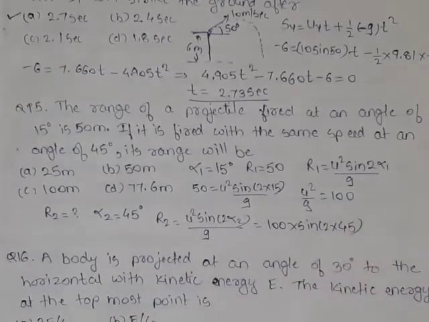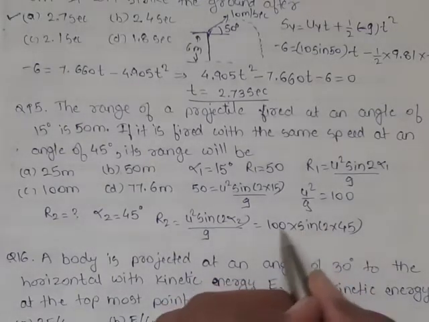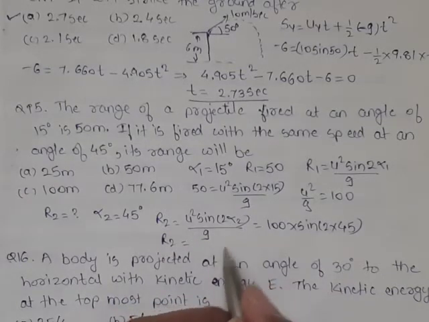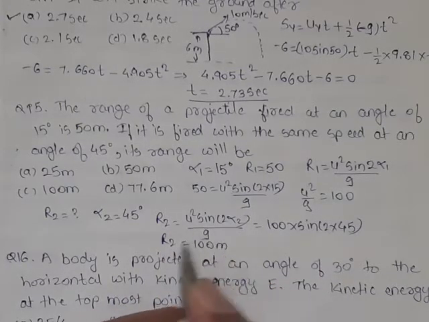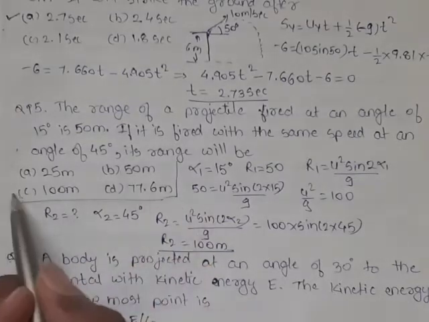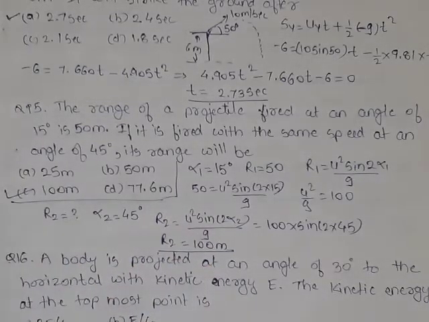Alpha 2 is 45 degrees. Sine 2 into 45 means sine 90, which is equal to 1. So the value of R2 we get equals 100 meters. Out of the four options, option C is correct, that is R2 is equal to 100 meters.